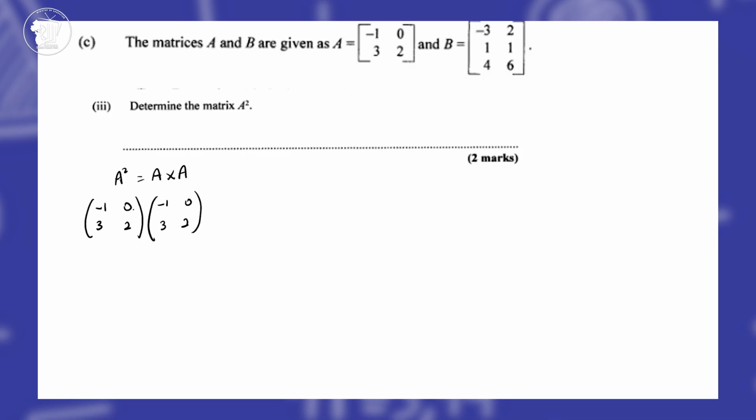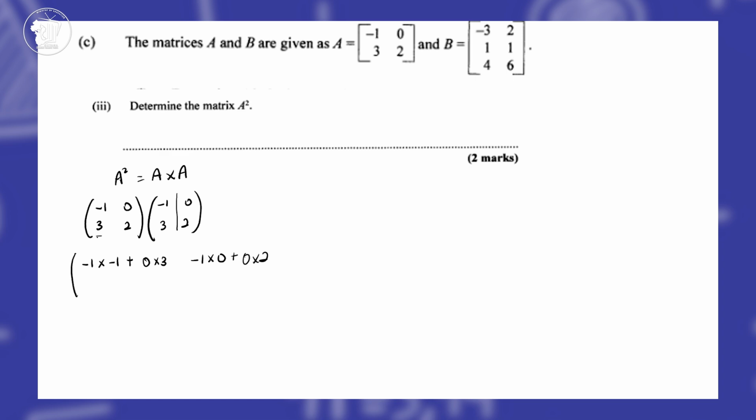So we do row by column. This will be negative 1 multiplied by negative 1 plus 0 multiplied by 3. We move on to the next column. So it will be negative 1 multiplied by 0 plus 0 multiplied by 2.